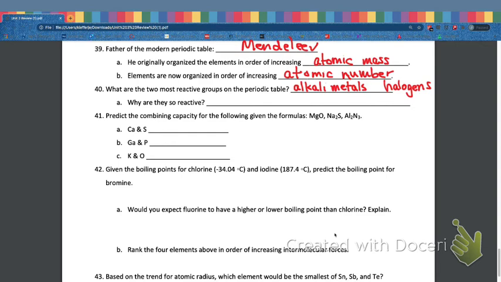The reason why they are so reactive is because they only need to lose or gain one electron to become stable.